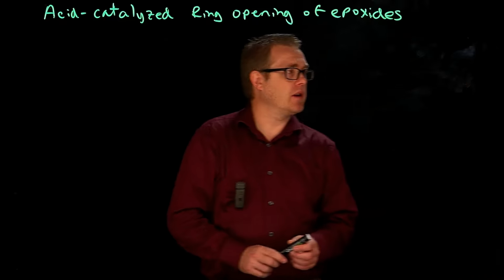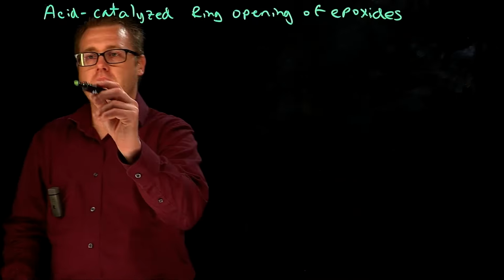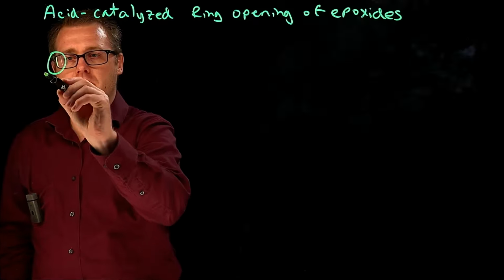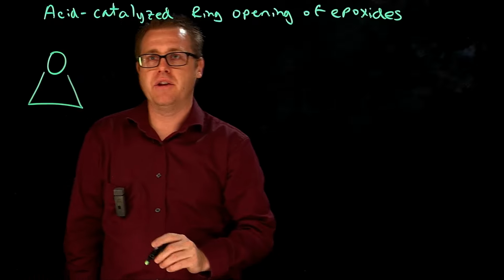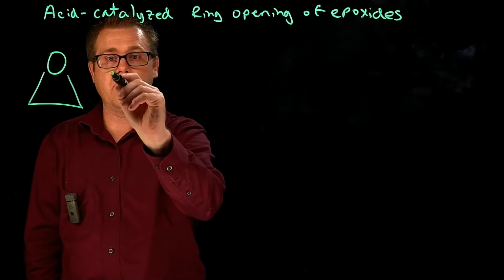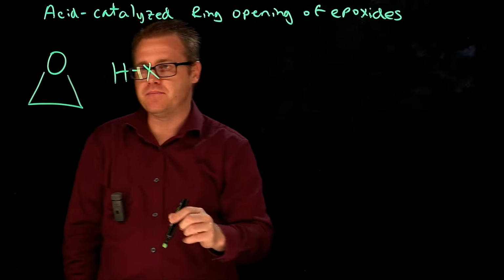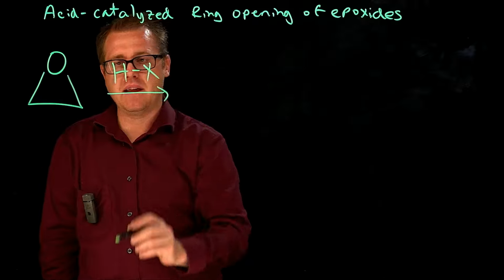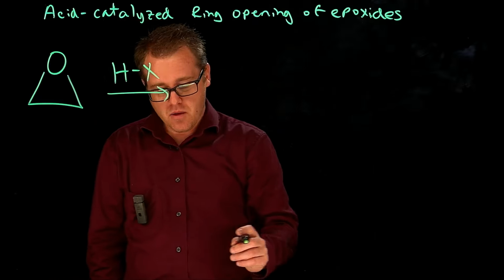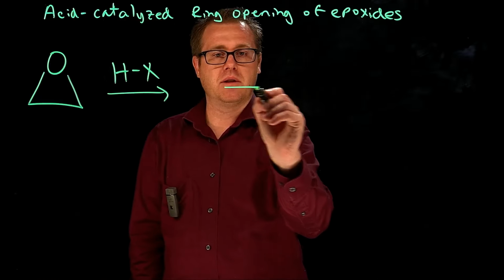So let's take a look at an epoxide right there. And if you treat it with an acid like HCl, HBr, HI, we treat that with that acid right there. What are we going to get? We're simply going to get that.